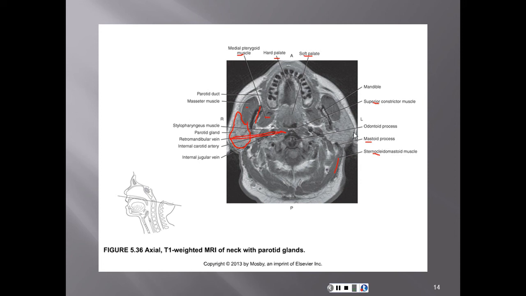This is all the parotid gland. And right in this region you will have a duct that you should be familiar with that runs through the parotid gland and secretes saliva. Stenson's duct, if you forgot it.